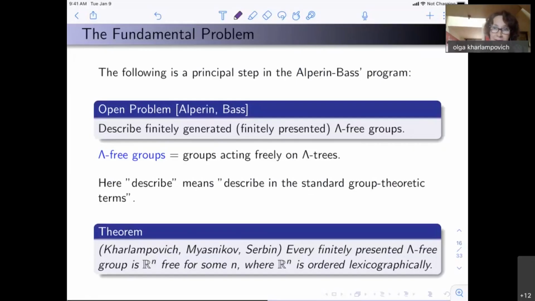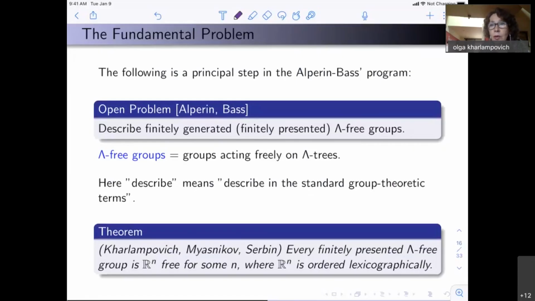There are a lot of nice things about this. First, this means in the case of finitely presented groups, we can forget about lambda. We actually have Rn free groups, and we know a lot about groups acting freely on Rn trees.